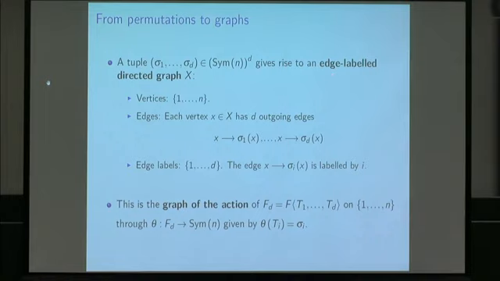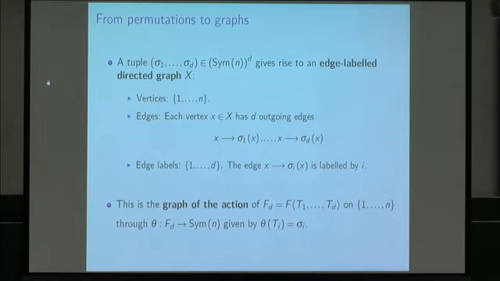This is, in short, the graph of an action of the free group. And in more detail, the vertices are 1 up to n, when the permutations are permutations in the symmetric group on n elements.